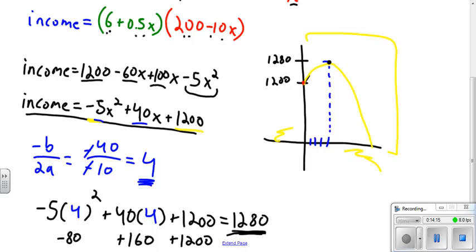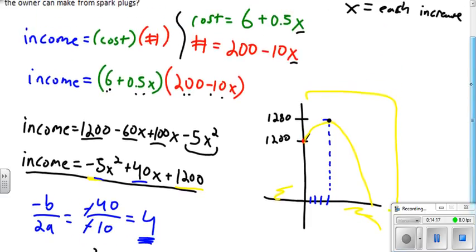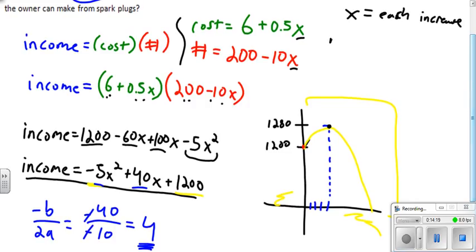So what does this tell us? This tells us that the max income that he can get is $1,280 every month, and that the cost of the spark plugs at that point, remember, was 4 shifts over, and every shift was 50 cents.